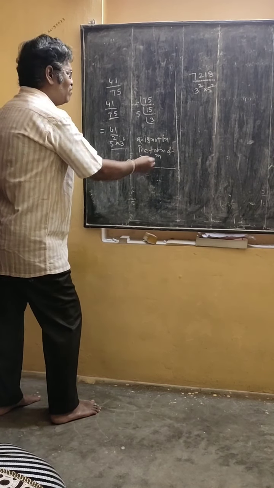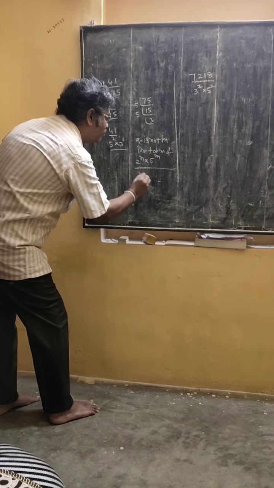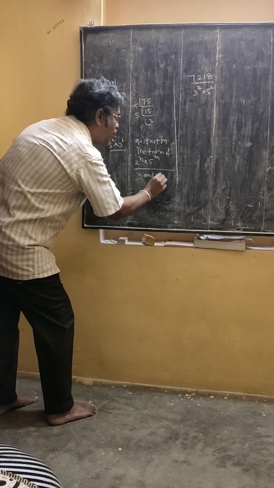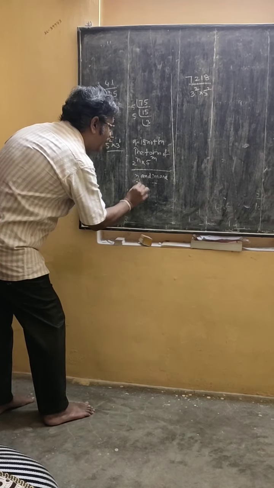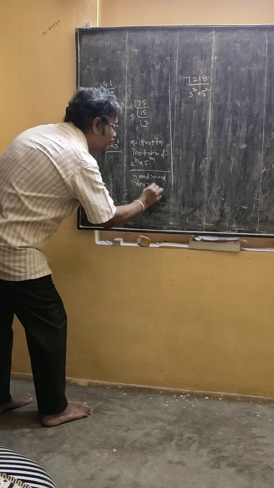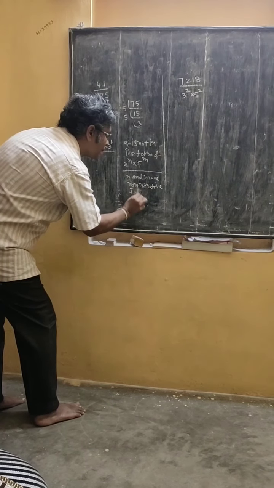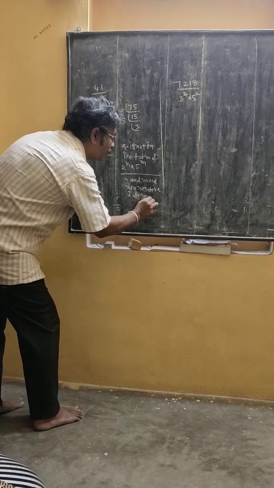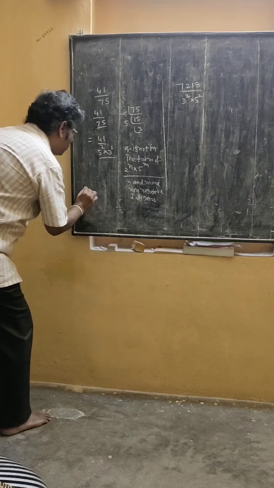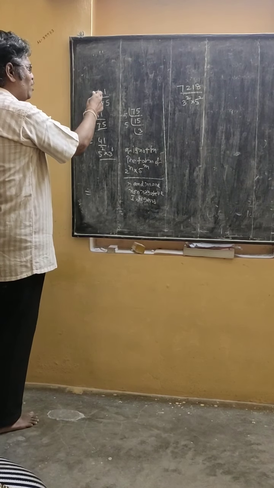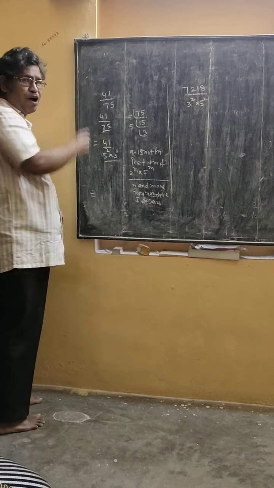So it is not in the form of 2 power n into 5 power m, where n and m are non-negative integers. So what can you say about this p by q form?